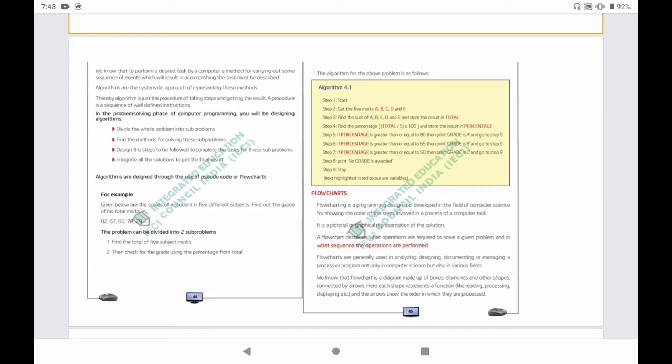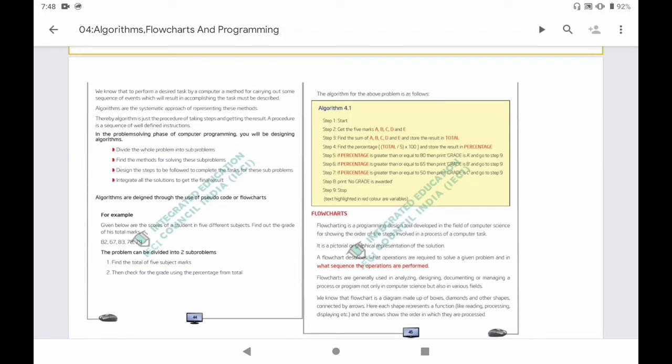If you are not getting a mark of 80, you have a lower mark, then step number 6. In this case step number 5 will not execute, it will automatically go to step number 6.